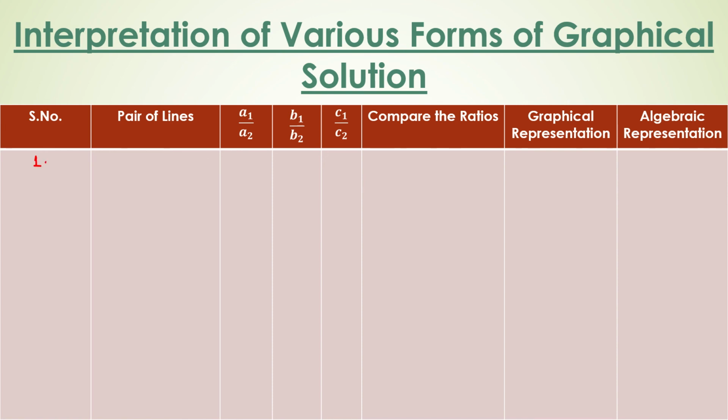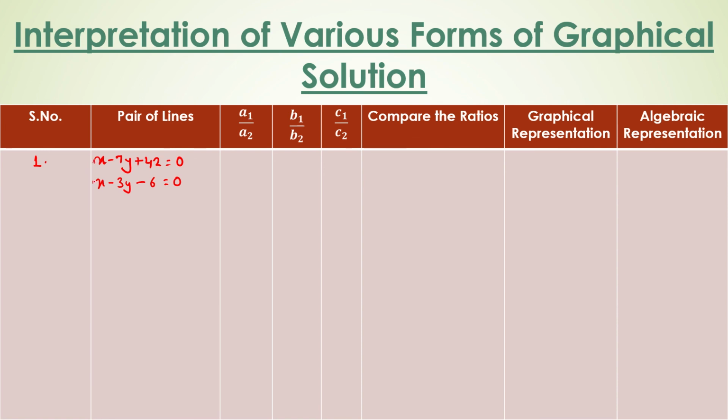In the first problem, we had the equations x minus 7y plus 42 equals 0 and x minus 3y minus 6 equals 0.